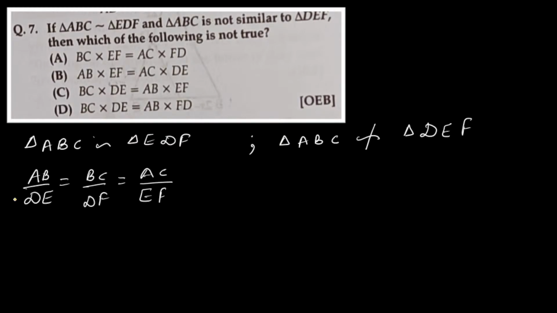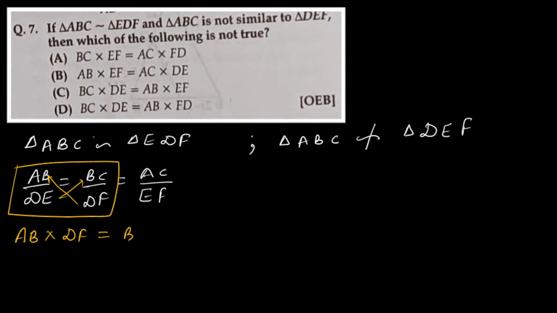If I use the first two ratios, then on cross multiplication I will get AB into DF equals BC into DE. This is one correct thing. AB into FD, they have written FD, equals BC into DE.